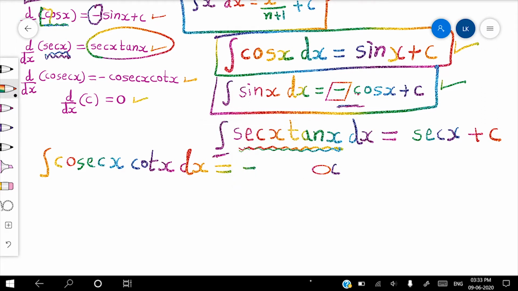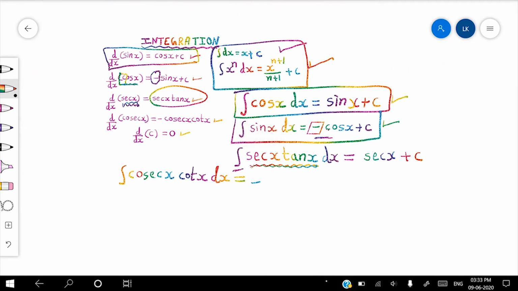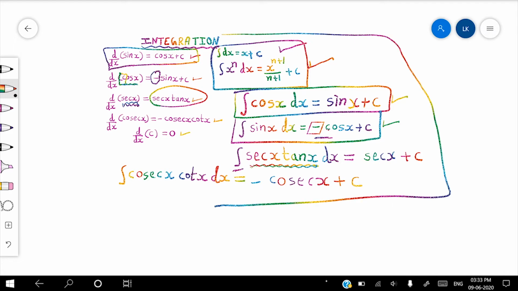The whole thing, minus cosec x plus c. Now today's homework is all those formula you have to write yourself in your notebook.